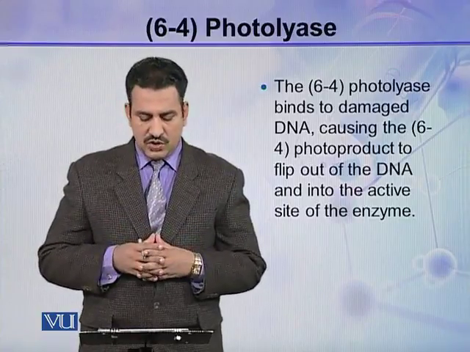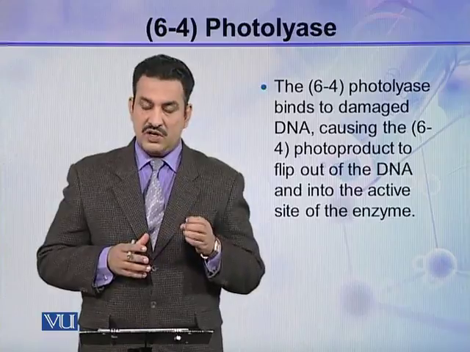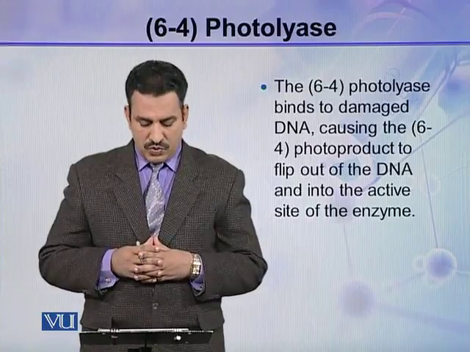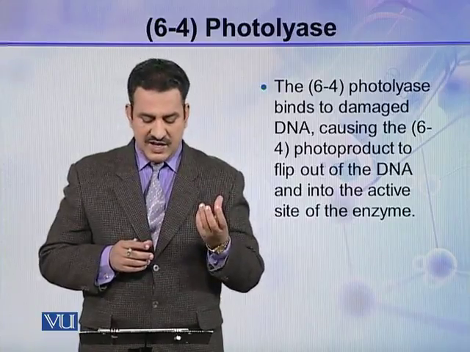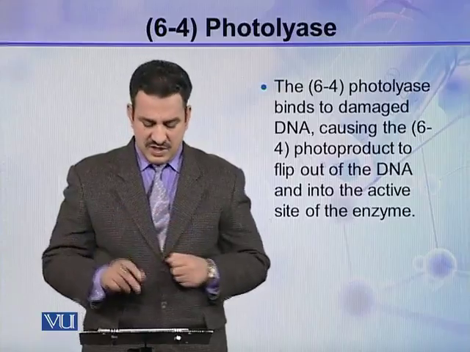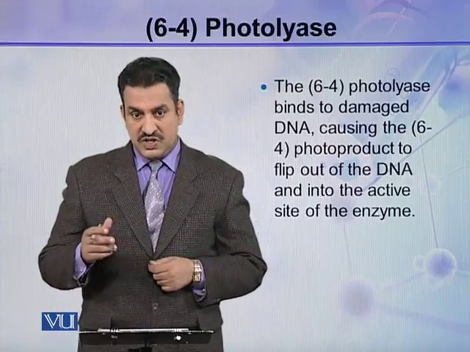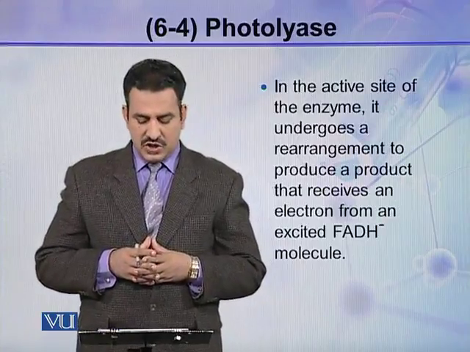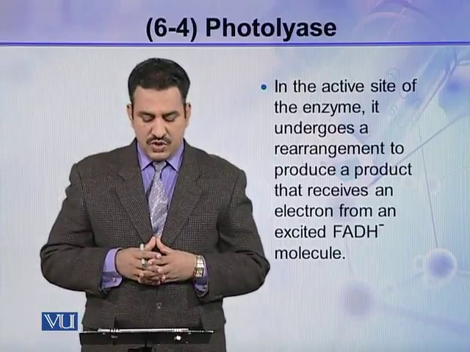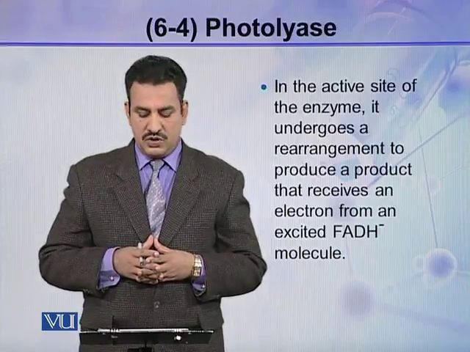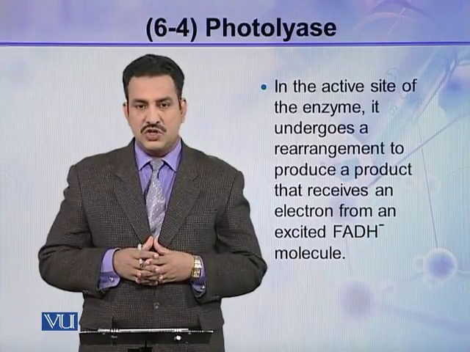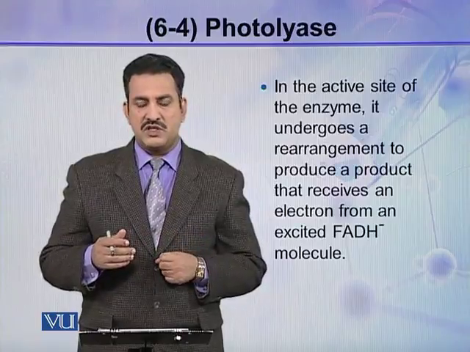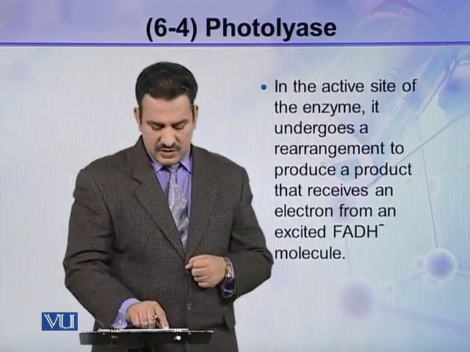So similarly, 6,4 photolyase binds to the DNA where the 6,4 photoproduct is present, causing the 6,4 photoproduct to flip out of the DNA helix and into the active site of the enzyme, as in the case of CPD photolyase. In the active site of the enzyme, it undergoes a rearrangement to produce a product that receives an electron from an excited FADH molecule. So this mechanism is the same as happens in the case of CPD photolyase.